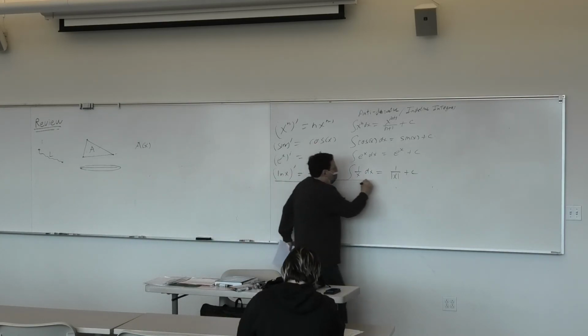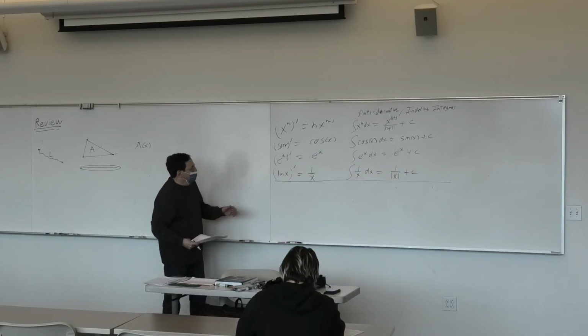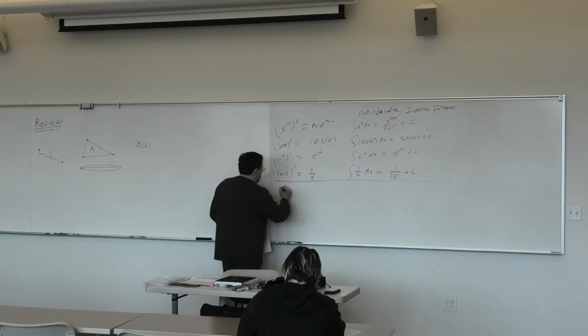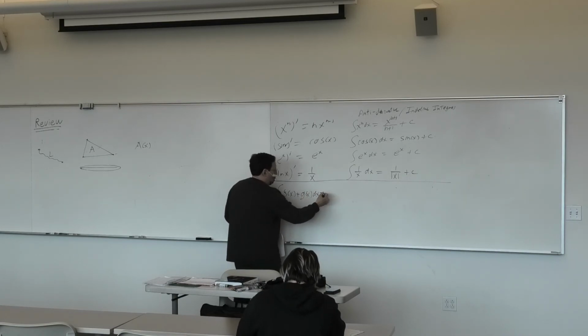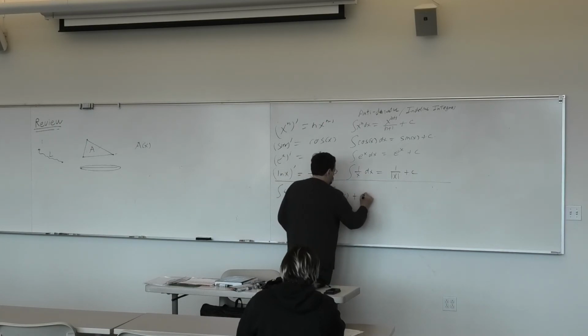And just as we had a bunch of rules for finding derivatives, some of them just apply directly. The integral of f of x plus g of x, we can just find the integral separately. There's a sum.